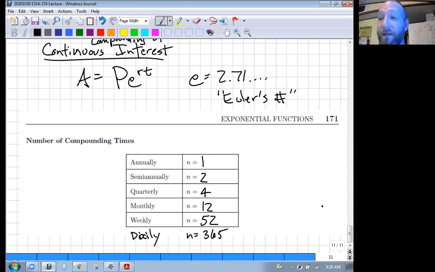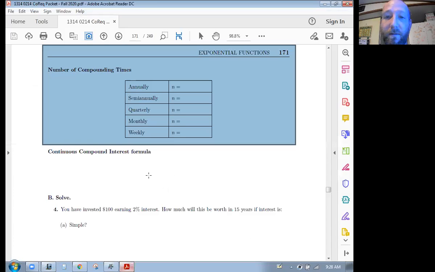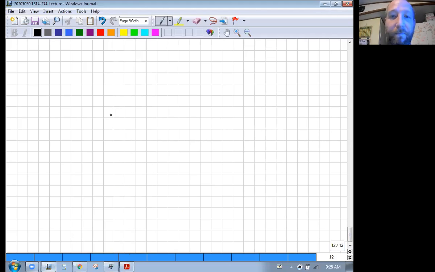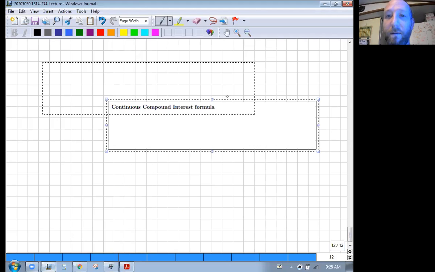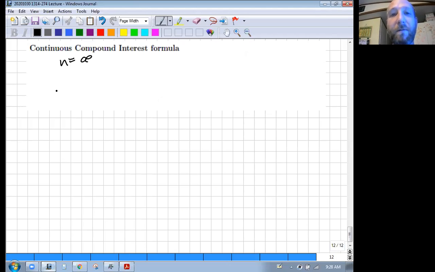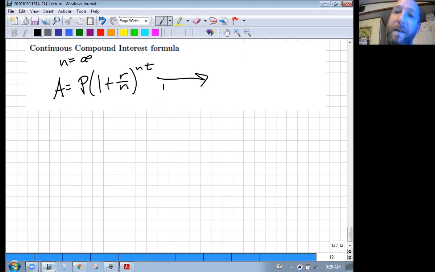Continuously, n is infinity. So again, n is infinity. So as n goes to infinity, this thing goes to P e to the rt.